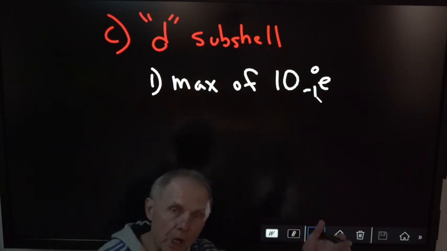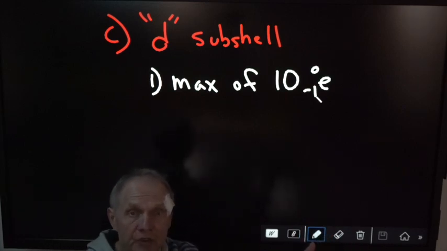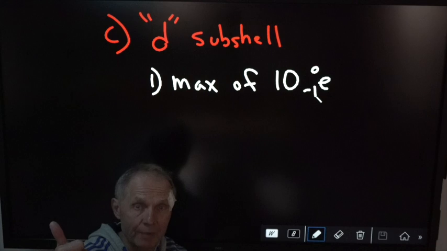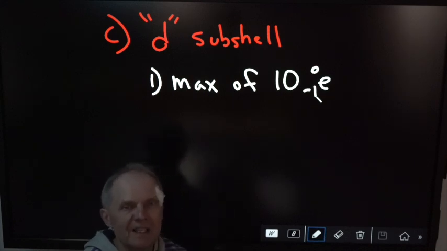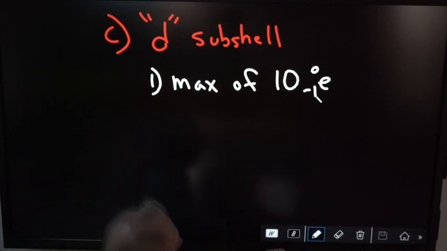Now, the further we're going, the more unstable they are. So S is the most stable subshell to be in if you're an electron. Then P, then D, and then the most unstable subshell is our next one.